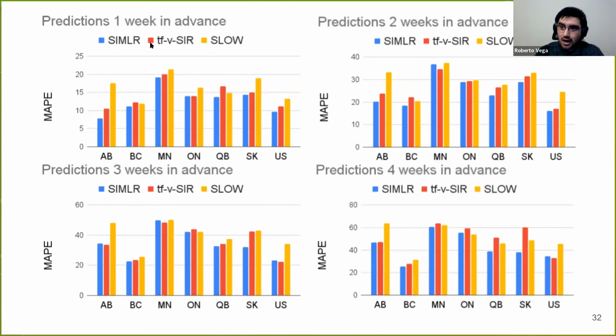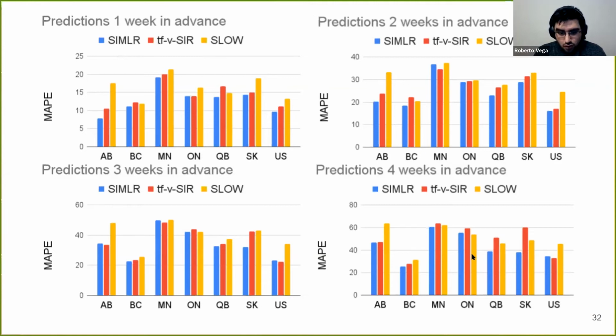The red one is basically the SIR with time-changing parameters, but that does not incorporate the policy tracking. And the orange or yellow one is the slow model, the one that predicts the same as last week. So we can see that we are quite consistent in the predictions. SIMLR is doing a good job most of the time.